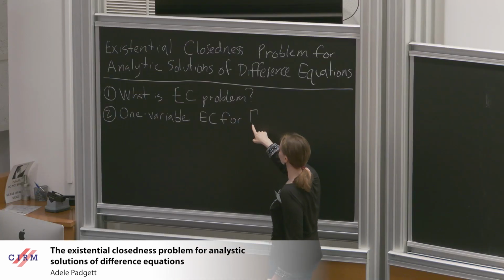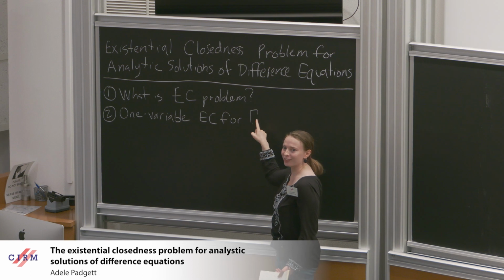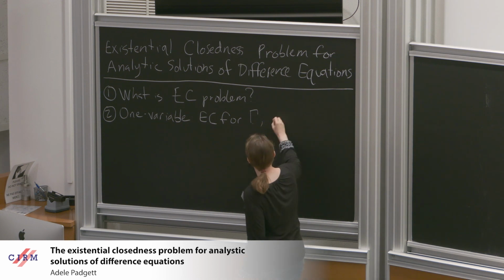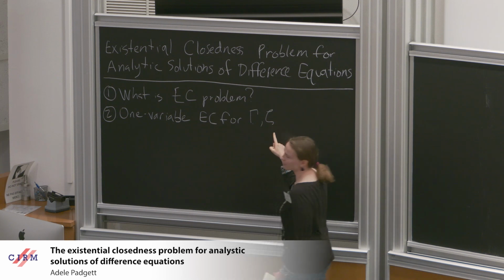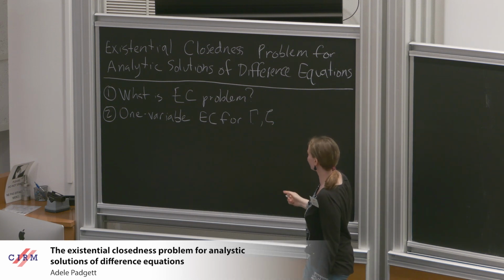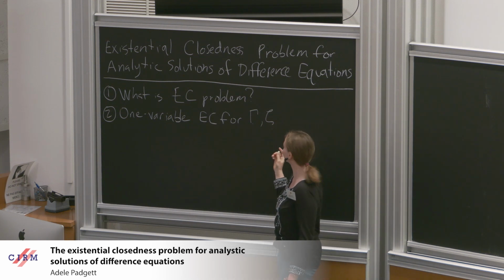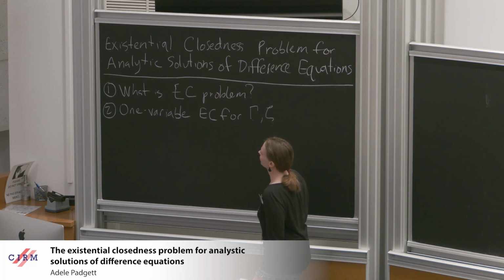So gamma here is the function, not a value group. And also the zeta function, the Riemann zeta function, but really it's for certain Dirichlet series.